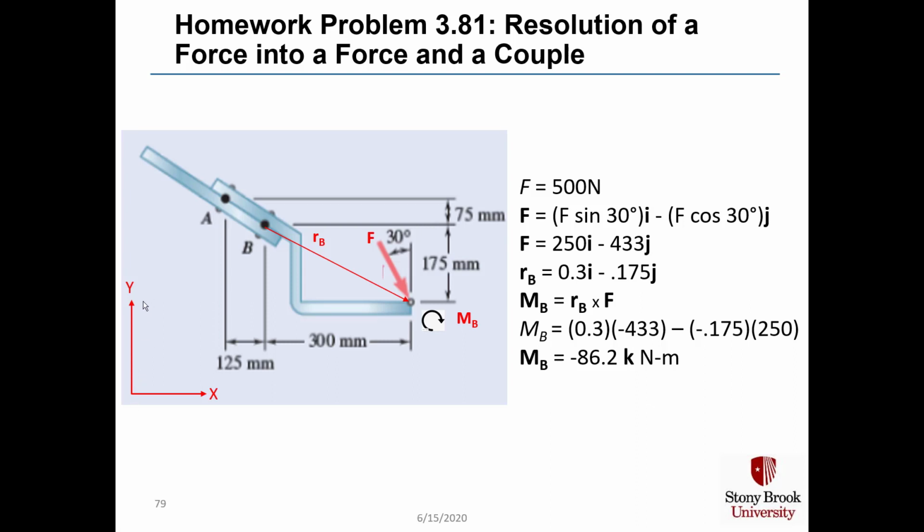r sub B is equal to 0.3 times i minus 0.175 times j, where we use meters as the units of measure.